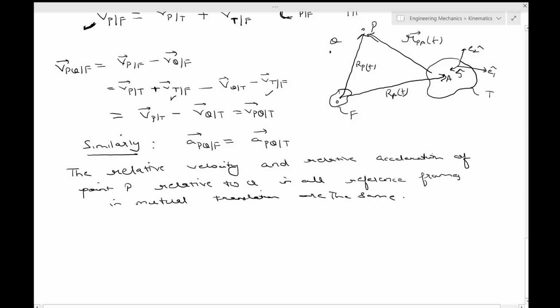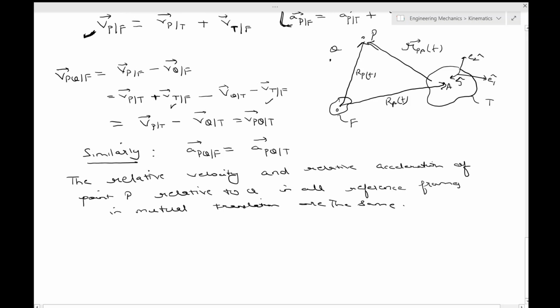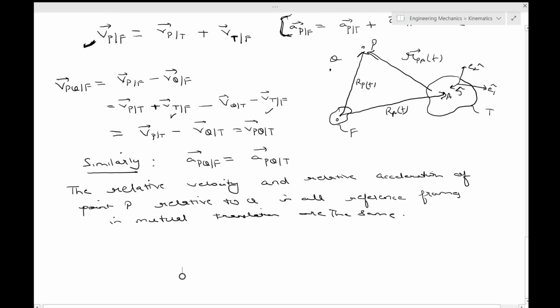So 1.65 may be compounded for several translating frames.